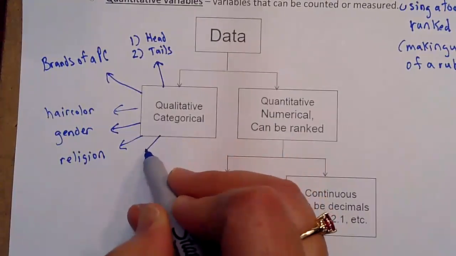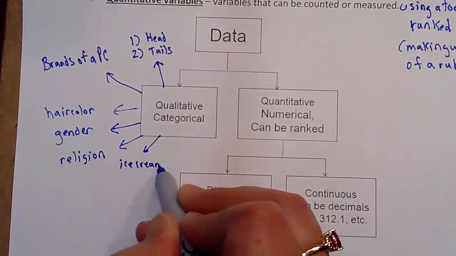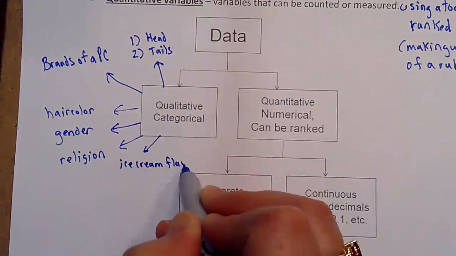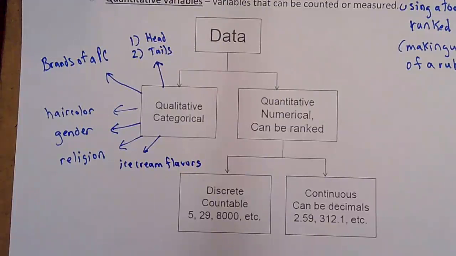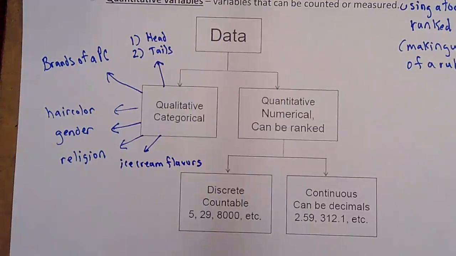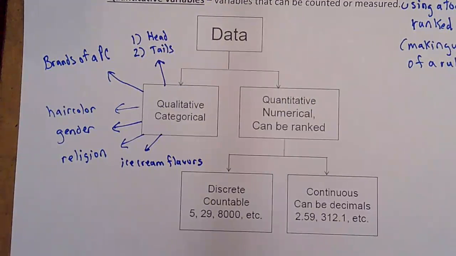I'm going to put ice cream flavors. Okay, so vanilla, chocolate, strawberry. Okay, so these are examples of qualitative variables, variables that have distinct categories according to some characteristic or some attribute.